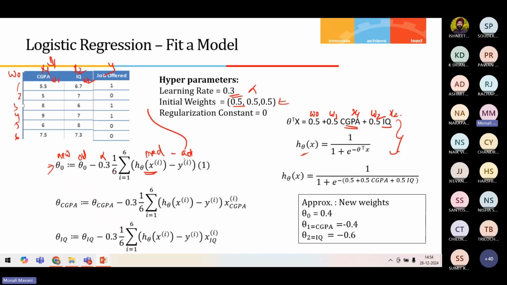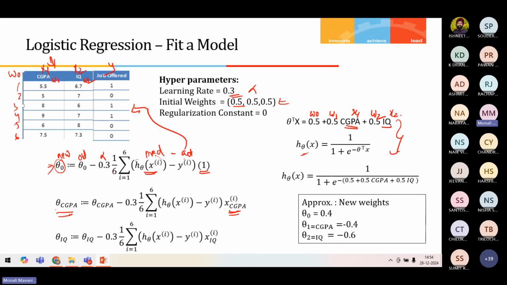The actual values are coming from here. For each parameter, you have to multiply its corresponding feature. So for theta CGPA, for each example, you multiply its corresponding CGPA feature value.